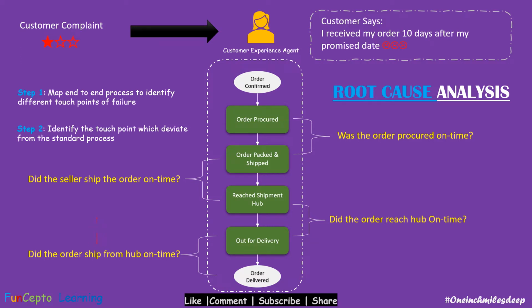I'm assuming that there is some problem here, that the order did not ship from the shipment hub on time. I'm assuming from the data that I've seen that it took a long time from the time it reached the hub till the customer, and that could be the 10 days that I'm assuming here. This becomes a base for me to do further analysis.